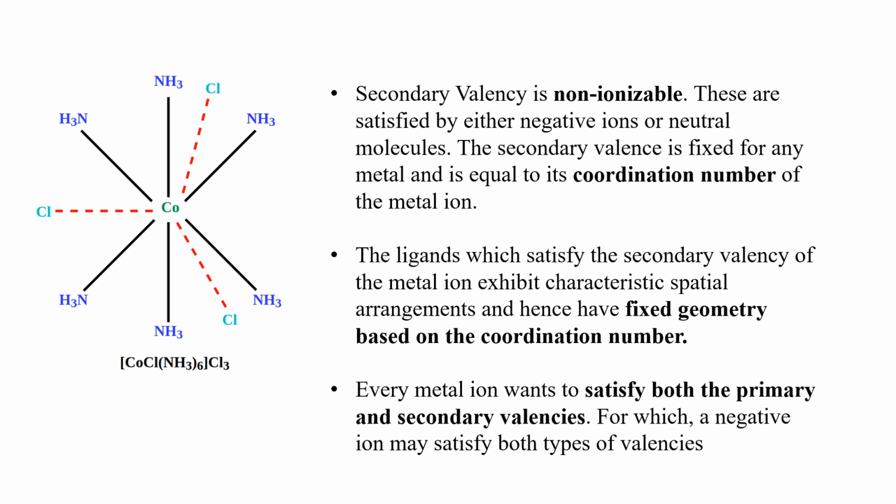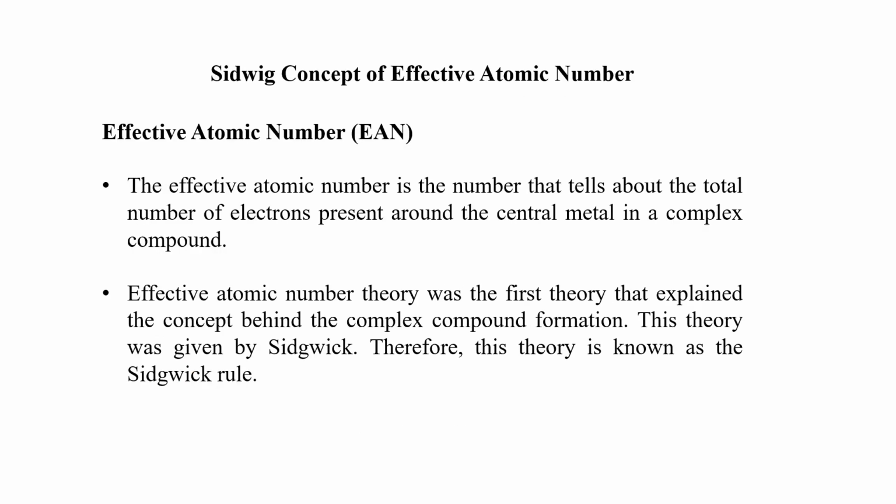So in the typical structure of Werner, the primary valency is shown as a dotted line and the secondary valency is shown in a thick line, right? So that's all about Werner's coordination theory.